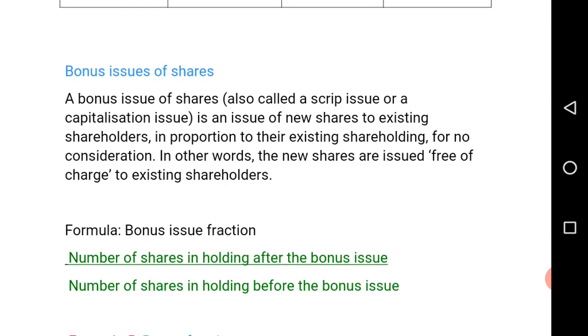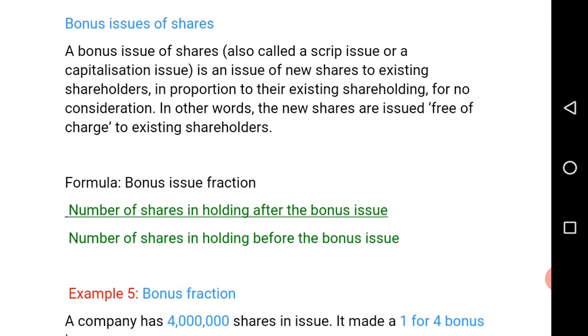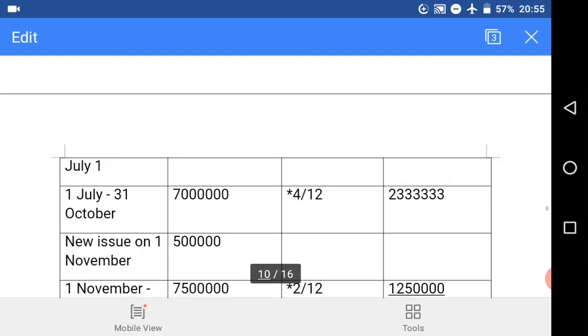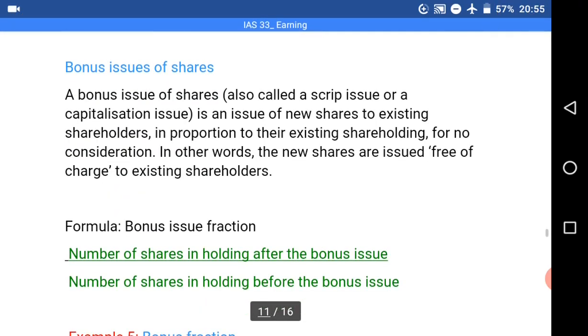Then we'll quickly go over to bonus issue now. A bonus issue of shares. Now this was done at full value. Now we have bonus issue here.